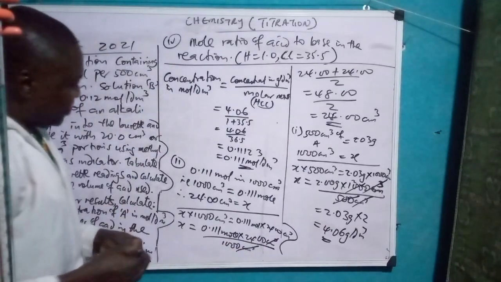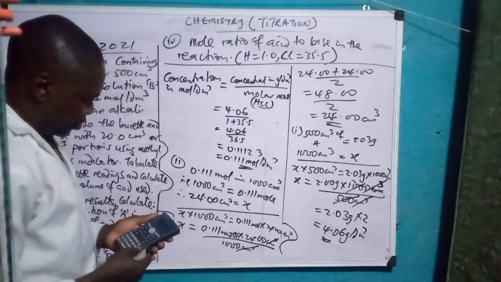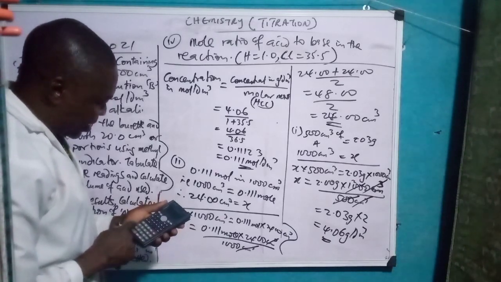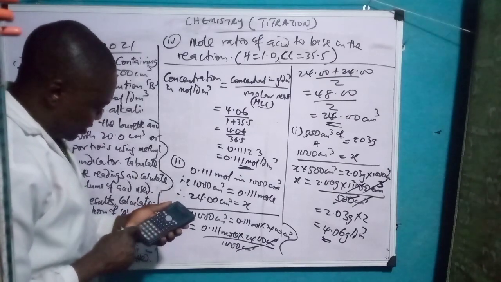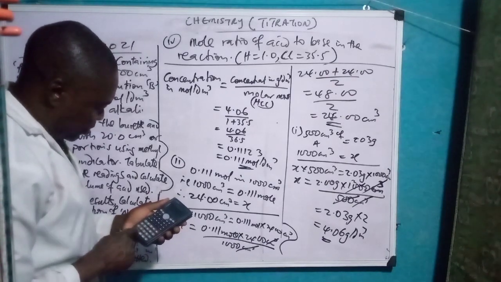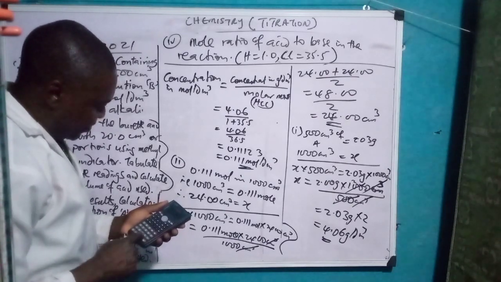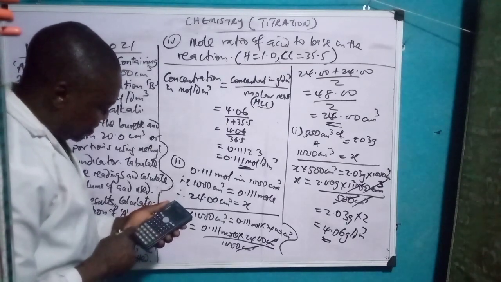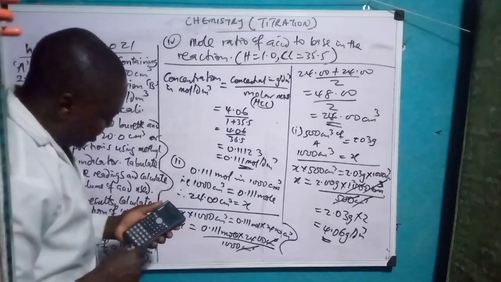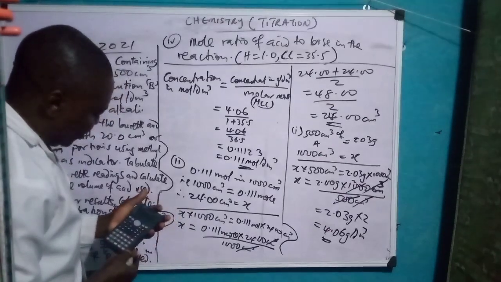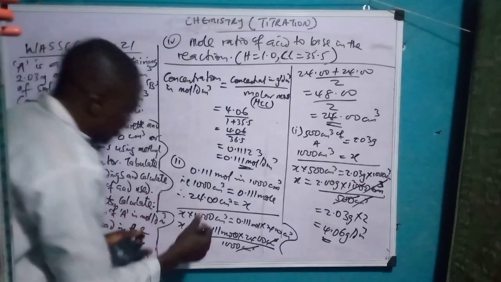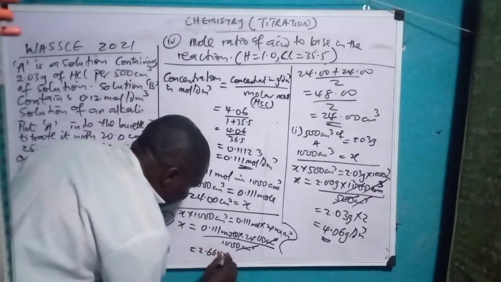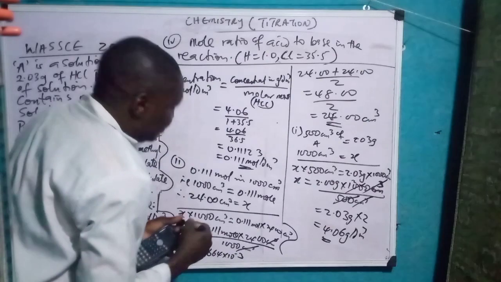Let's see what we have. 0.111 times 24.00, divided by 1000, gives you 2.664 times 10 to the power minus 3.